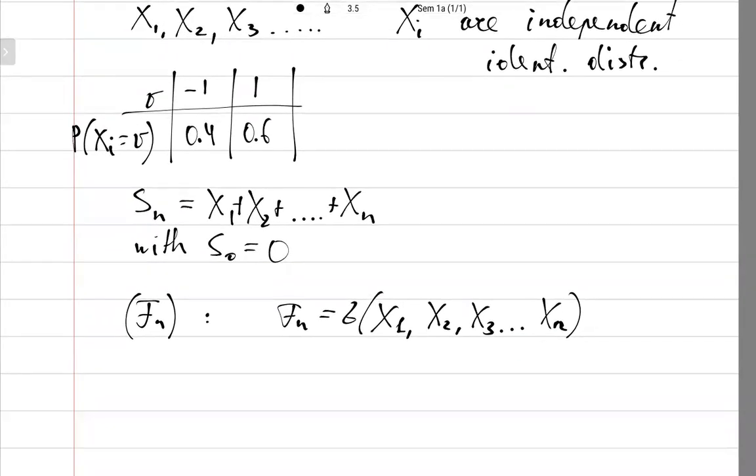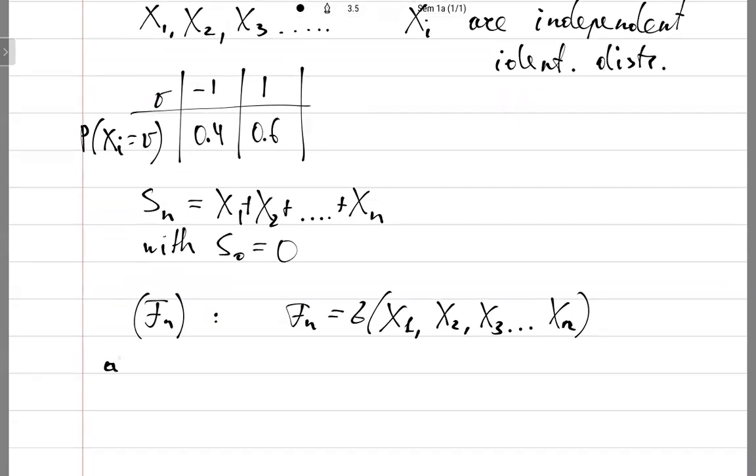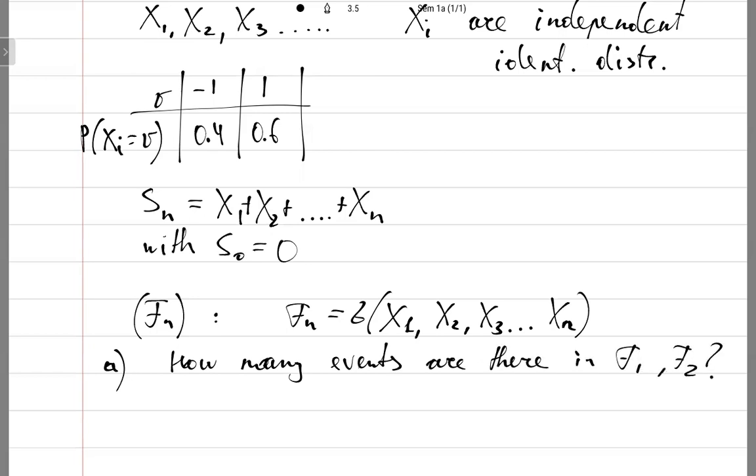And now the questions. First question, let's speak a little bit about Sigma algebras. How many events are there in F1, F2? So just to understand better the Sigma algebras.